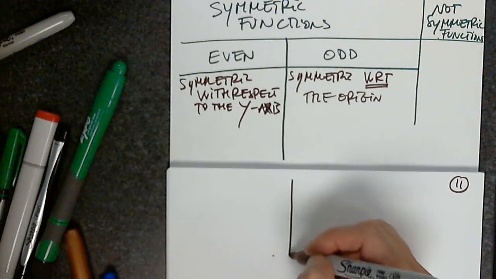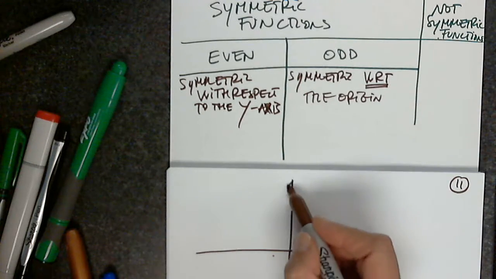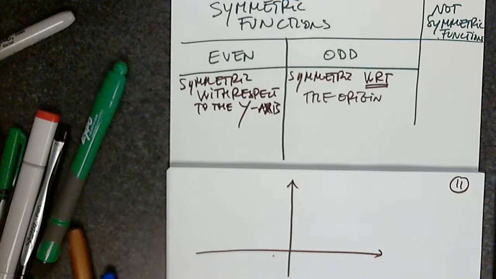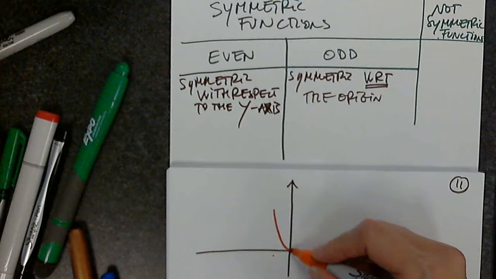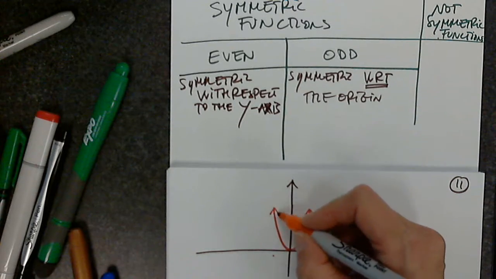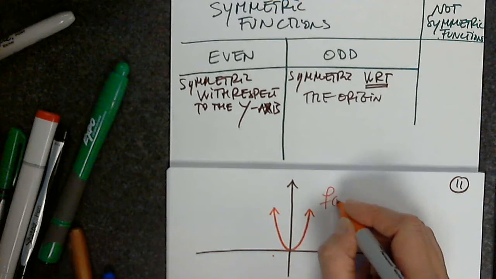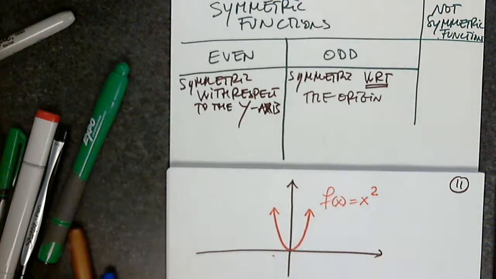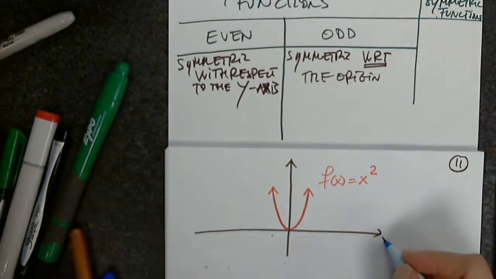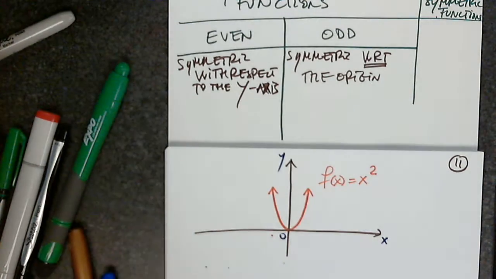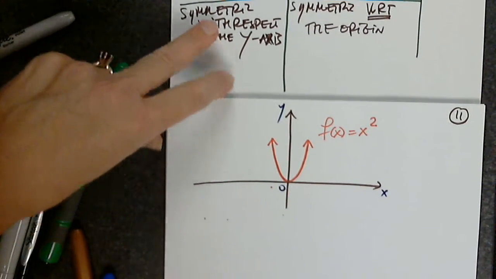Here is a function that I know is even. And that is x squared. So the simplest possible quadratic function is symmetric with respect to the y-axis. Now, stay with me, please.